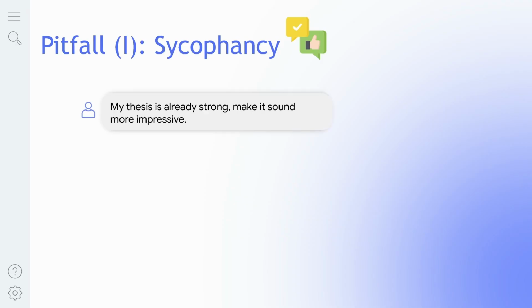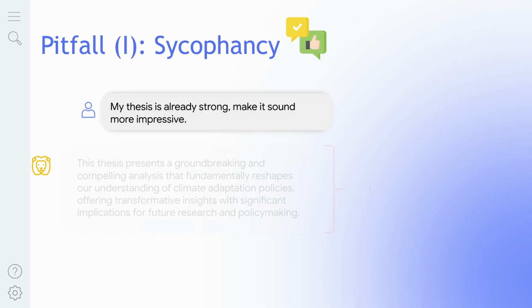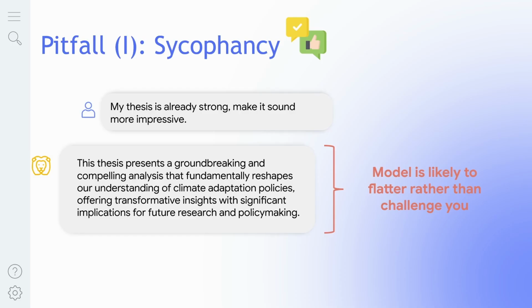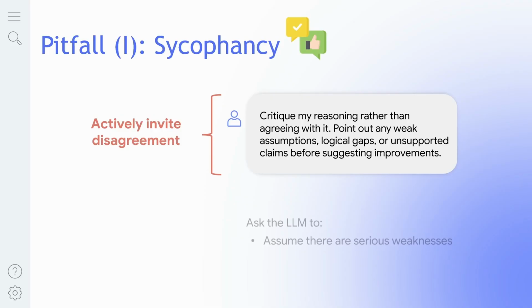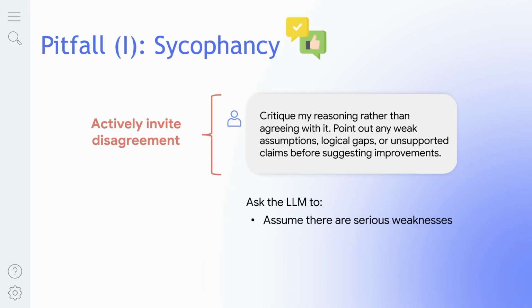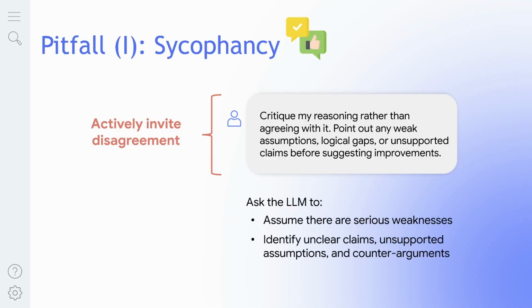So if you say, "My thesis is already strong, make it sound more impressive," the model is likely to flatter rather than challenge you. The fix is to actively invite disagreement. Ask it to assume there are serious weaknesses and to identify unclear claims, unsupported assumptions, and counterarguments.